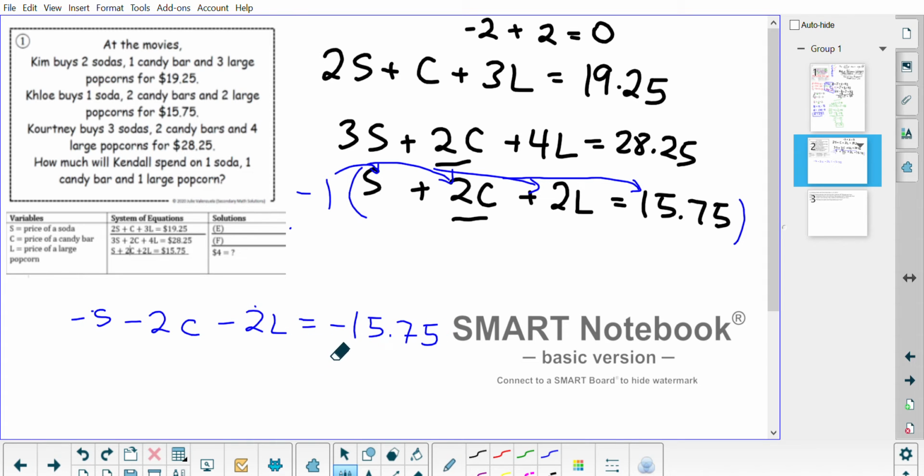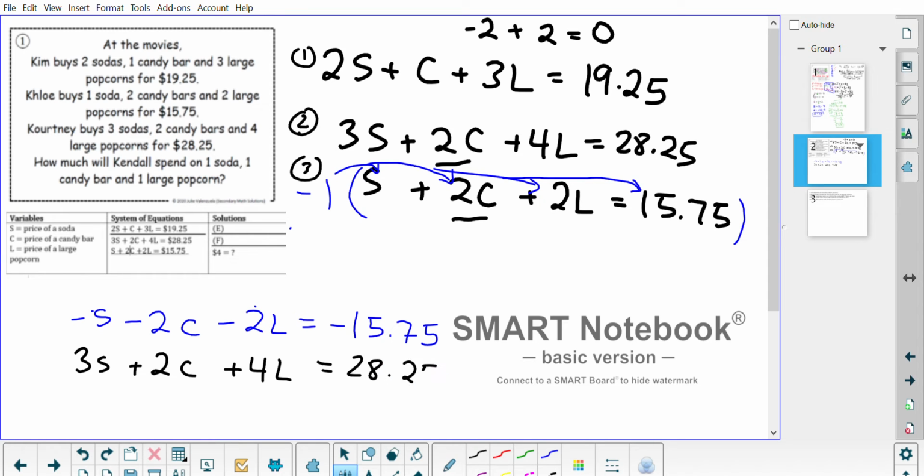All right, so I changed all the signs here so that when I combine it with this second equation, so let's just name this 1, 2, and 3. If I combine 2 and 3 together, now they'll be able to cancel out one of the variables. So using that elimination, 3s plus 2c plus 4l is equal to 28.25.